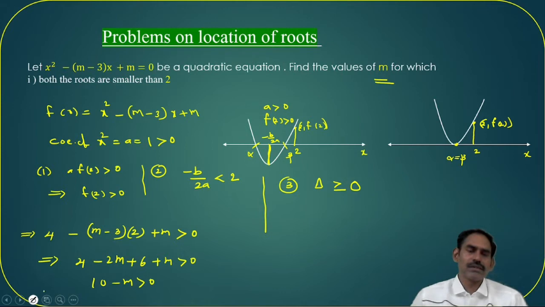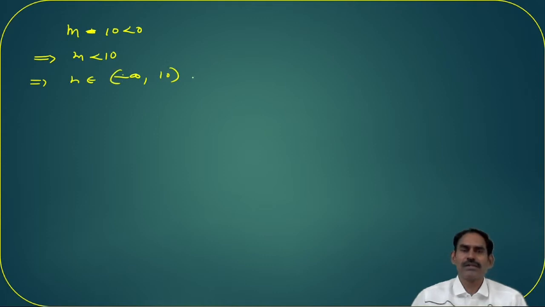Multiplying with minus, m minus 10 is less than 0. That implies m is less than 10, so m belongs to (minus infinity, 10), an open interval. There is no equality. This is condition 1.